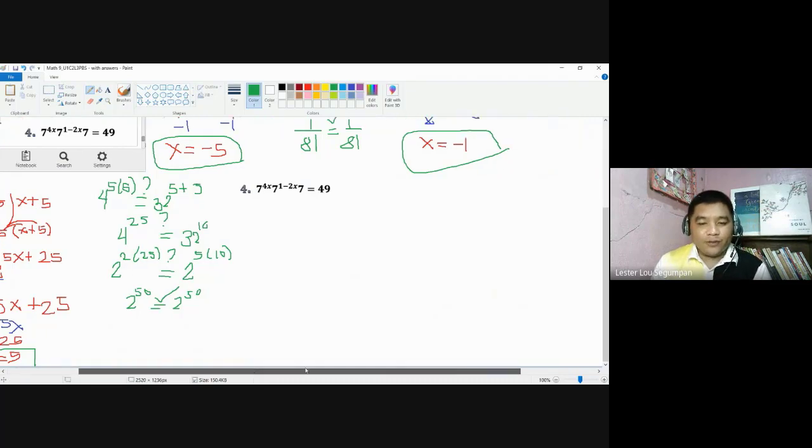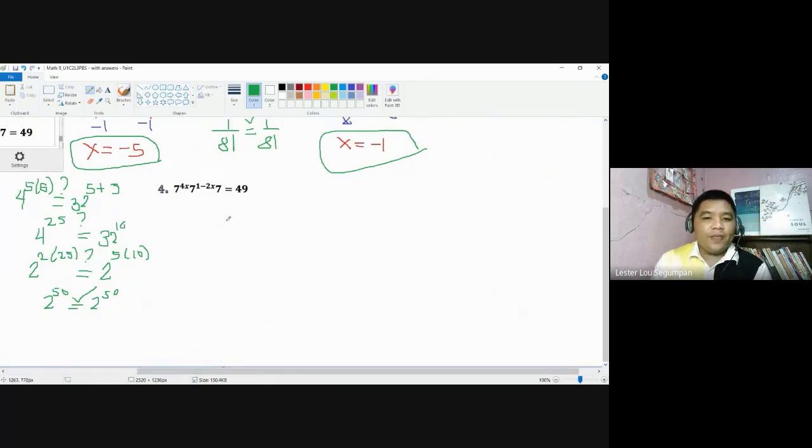Let's proceed to number 4. For number 4, we have here 7 to the power of 4x, 7 to the power of 1 minus 2x, and another 7. So all of these terms are under base 7. And 49 for the right-hand side could also be expressed as base 7. So we could just use here base 7 for both sides.